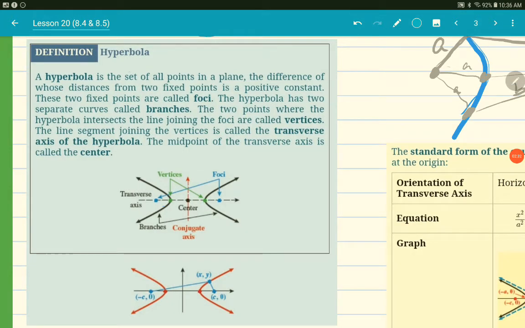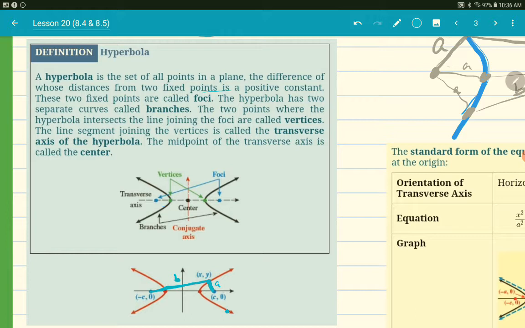The hyperbola is a set of all points in a plane, the difference of whose distances from two fixed points is a positive constant. Actually, this blue line down here shows it well. For any point, the difference between those two line segments, this little one and this long one, is going to be equal no matter where on the hyperbola that point is.